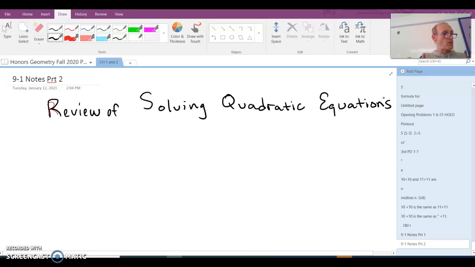Okay, there are three methods to use to solve quadratic equations. There are three examples.